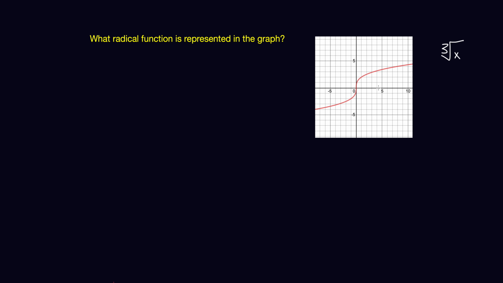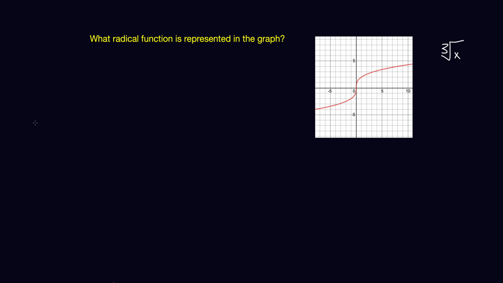So I'm going to start out with this being the cubed root of x. And I know that because I can see it has a rotation about the origin, so it acts like an odd function. If I take this and rotate it, it would be the same values. So I know that this is a cubed root of x.